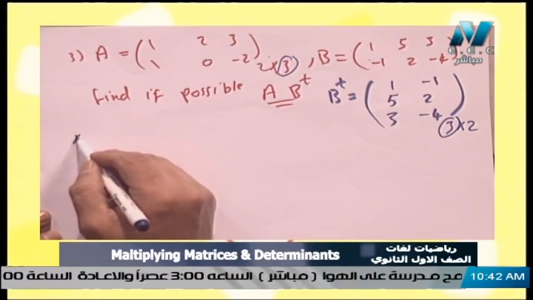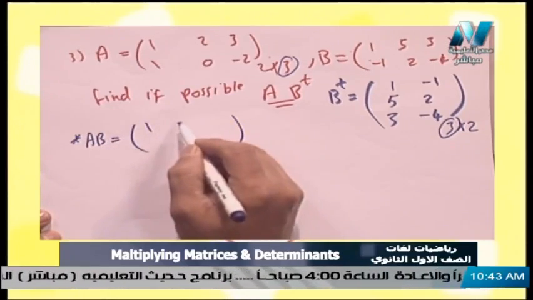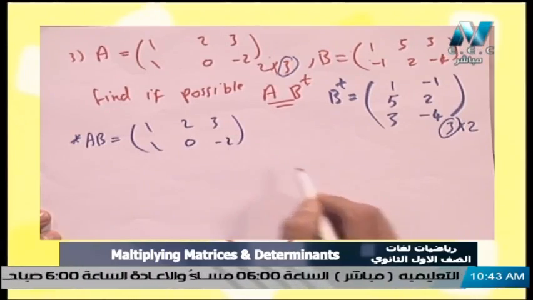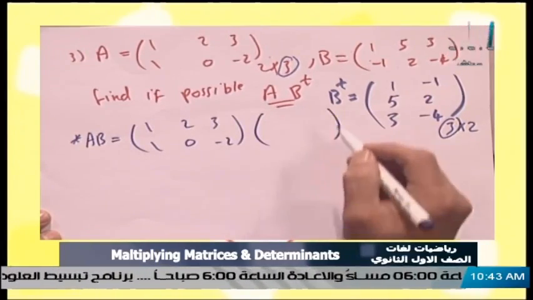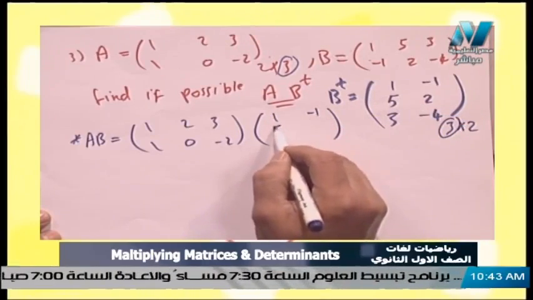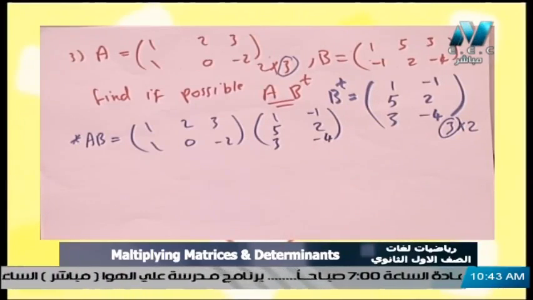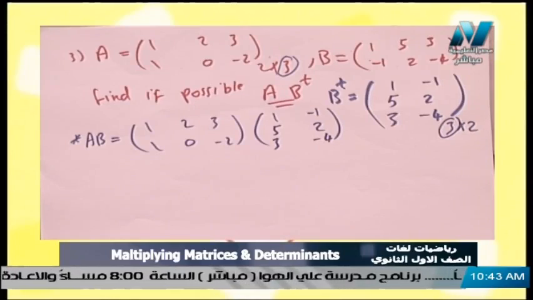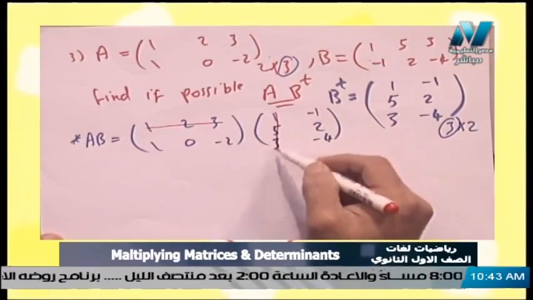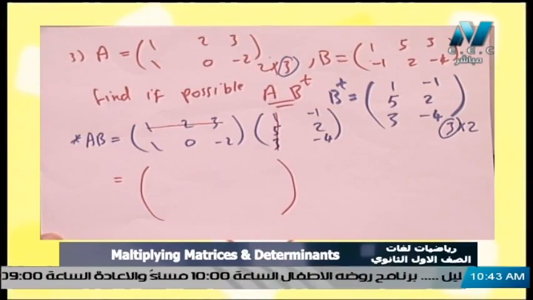So AB equals, let's put A like that, 1, 2, 3, 1, 0, negative 2, and the other, B transpose, will be 1, negative 1, 5 and 2, 3 and negative 4. Concentrate with me. We will multiply this row by this column, and it will be only one element.